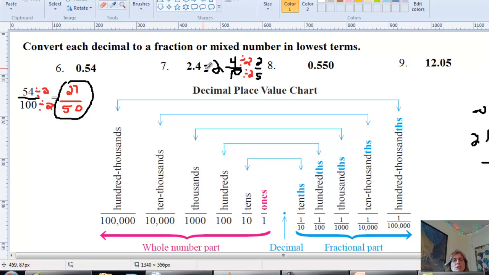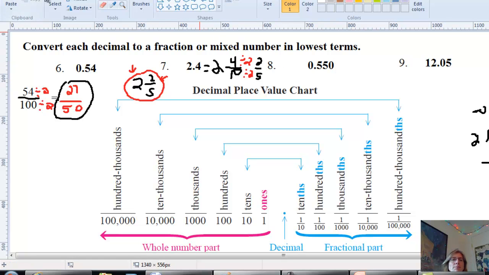So our answer for 2.4 becomes 2 and 2/5. Anytime you have a number to the left of the decimal point, you have that as a whole number. Anytime you have a number to the right of the decimal point, that becomes the fraction. So it became 4/10, which reduced to 2/5.